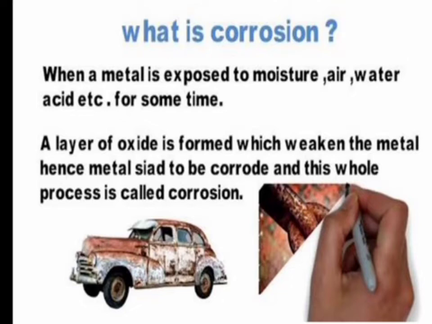Because when a metal is exposed to moisture, air, water, acid, etc. for some time, a layer of oxide is formed which weakens the metal. Hence, the metal is said to corrode. And this whole process is called corrosion.